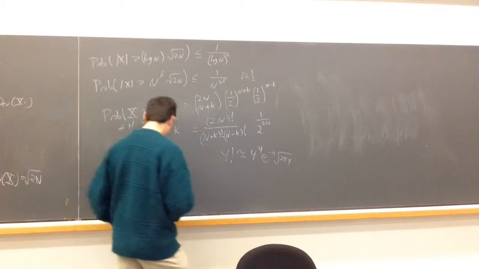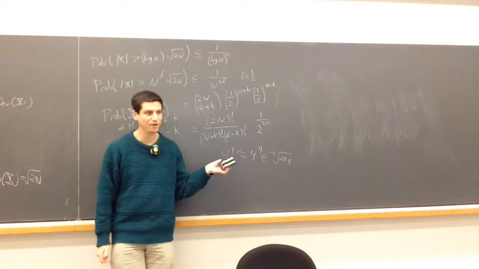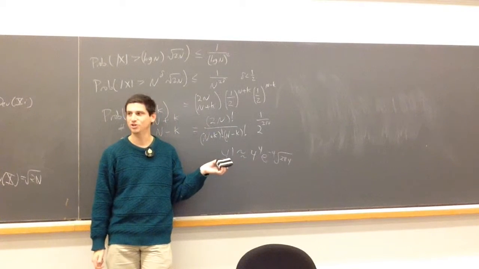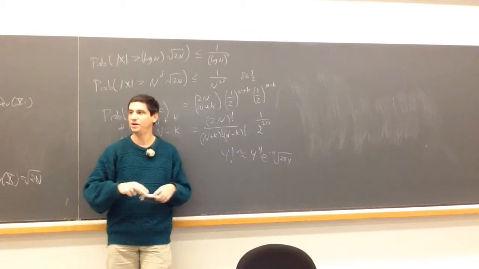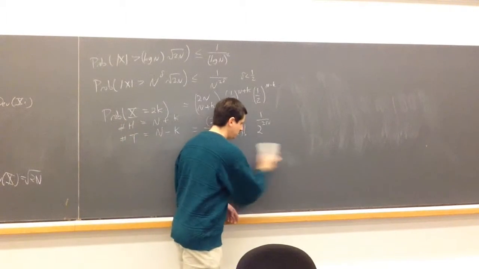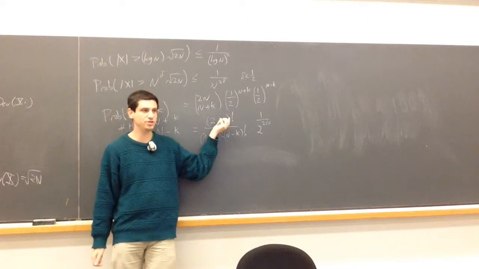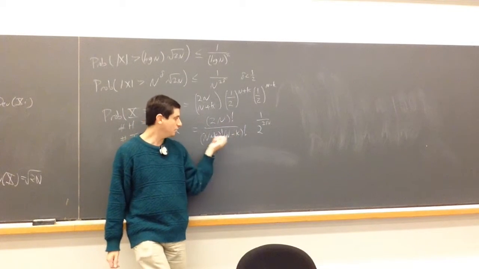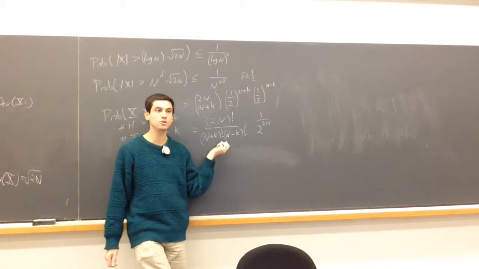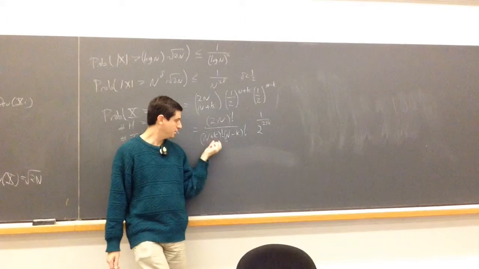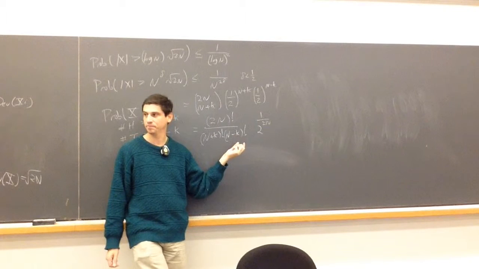How comfortable are we with this as an approximation for 4 factorial? Not that. N has to be big. So with the 2n going to infinity, I'm not worried about using Stirling upstairs. Downstairs, if k is really close to n or really close to 0, then one of these expressions might be small.